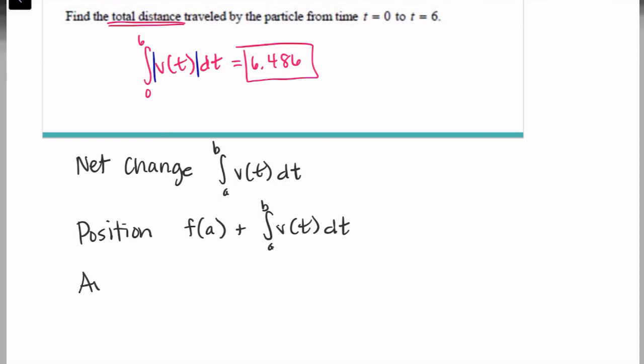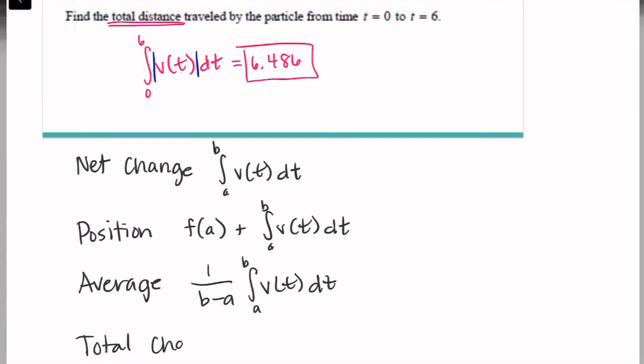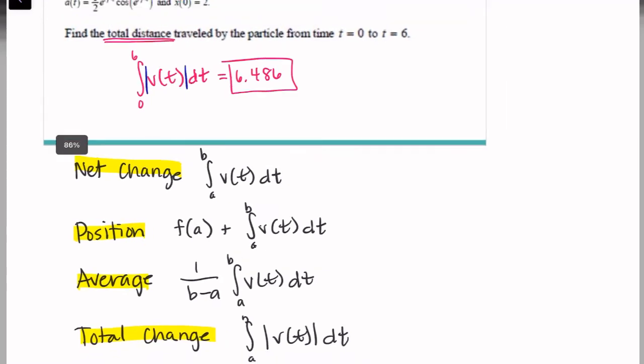We know how to find average value, which is going to be 1 over b minus a, the integral from a to b of whatever function they put in there. And then now we know how to find total change, which is going to be the integral from a to b, the absolute value of v of t dt. Okay, so summary, the 4 things you guys can now do with integrals.